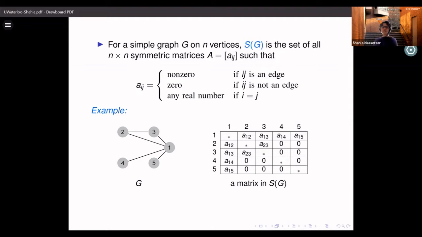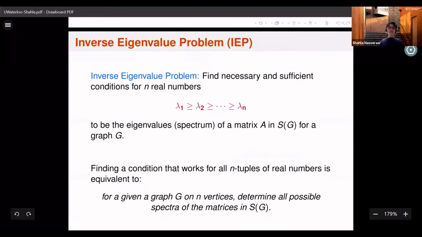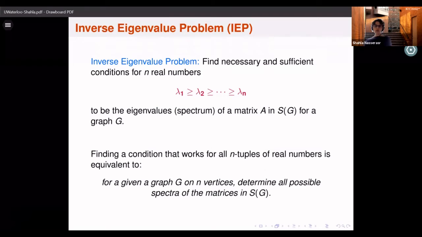If we put all these matrices in a set, that set is called S of G. Having that, the inverse eigenvalue problem says: if I have n numbers, possibly repeated, what are the necessary and sufficient conditions on those numbers so that there is a matrix in S of G that has these numbers as its eigenvalues?